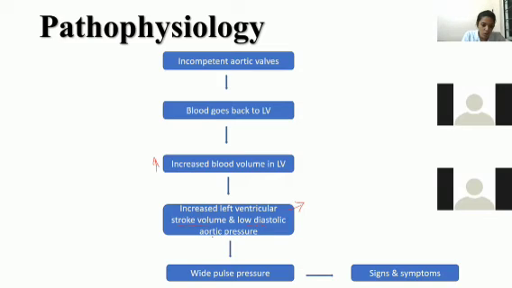That will lead to low diastolic aortic pressure. That means there will be increased systolic BP and decreased diastolic BP. And that will finally lead to wide pulse pressure, because pulse pressure is the difference between systolic BP and diastolic BP.